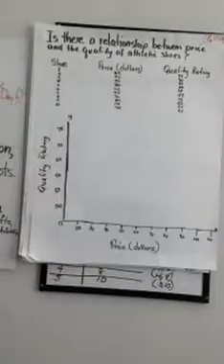Hey, boys and girls, looking at our time frame here, I'm gonna go on to your exit ticket. Your exit ticket is page 16. Exit ticket page 16, and I did not draw that. What I want you to do is look at your exit ticket and plot those measurements.